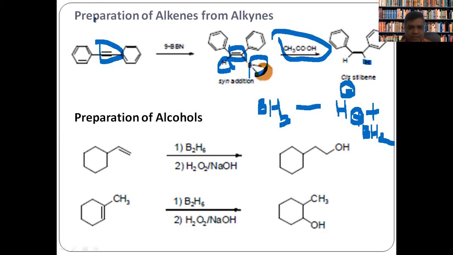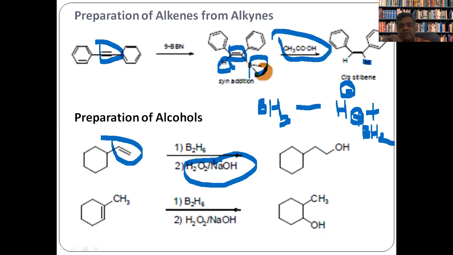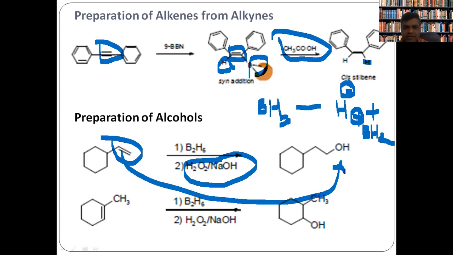The same functions we have discussed. For this carbon-carbon double bond, in the second case, in the subsequent part, instead of using propionic acid or acetic acid, if I use hydrogen peroxide and sodium hydroxide, then we get the alcohol. If you compare the reactant with the product, only the addition of H and OH across the carbon-carbon double bond takes place.